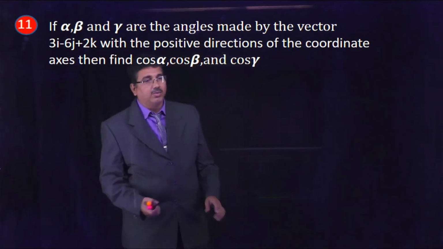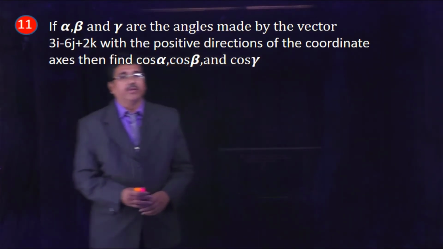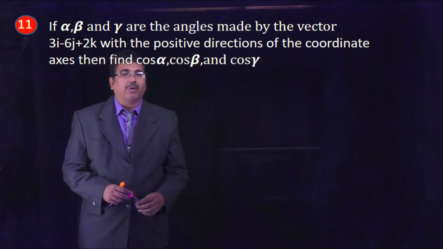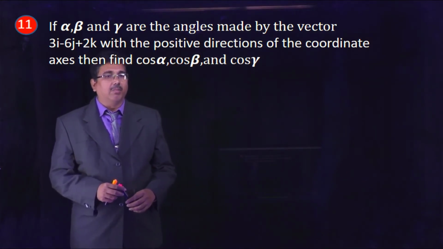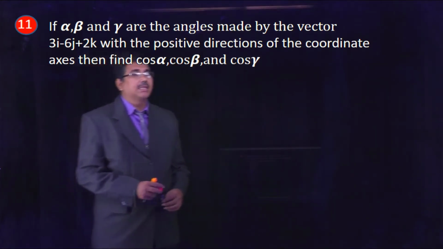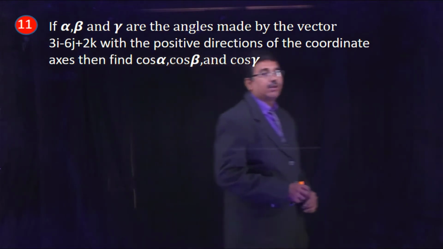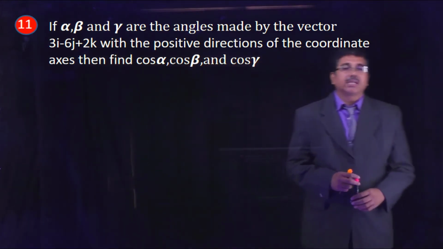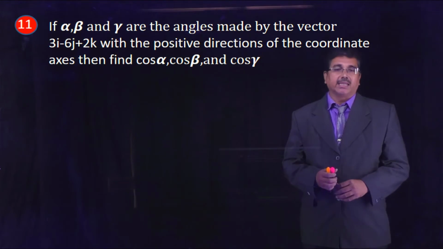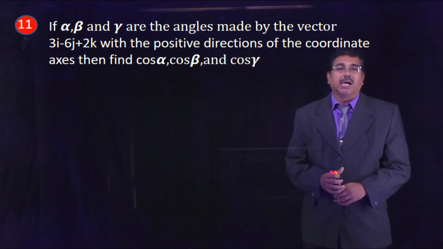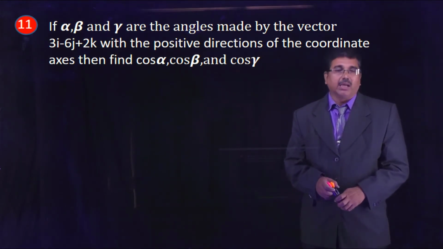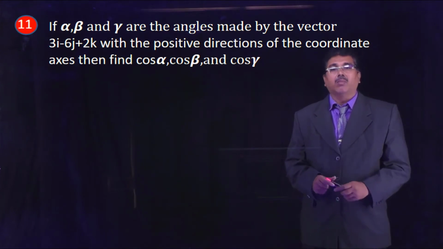Right. Now question number 11. If alpha, beta and gamma are the angles made by the vector with the positive directions of the coordinate axes, then find cos alpha, cos beta and cos gamma.